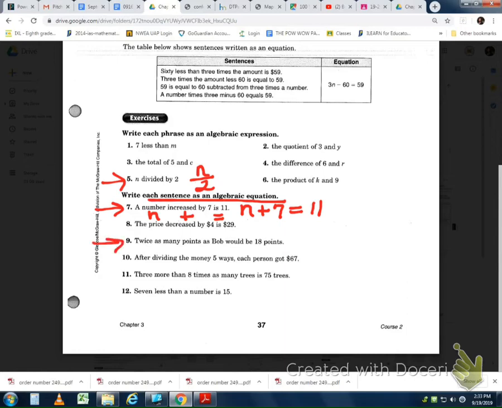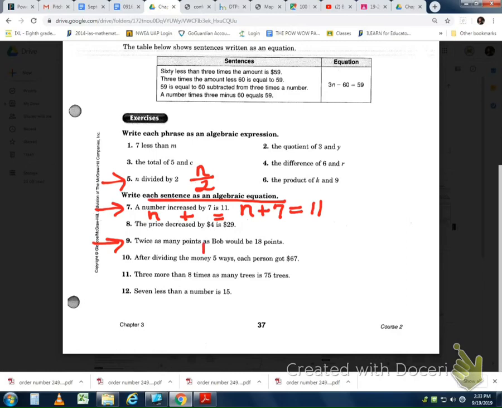All right, number 9. Twice as many points as Bob would be 18 points. What's the part we don't know there? What don't we know in that problem? Twice as many points as Bob. Gracie, what don't we know? We don't know how many points Bob has, so pick a variable for that. Pick any letter you want for the number of points Bob has.